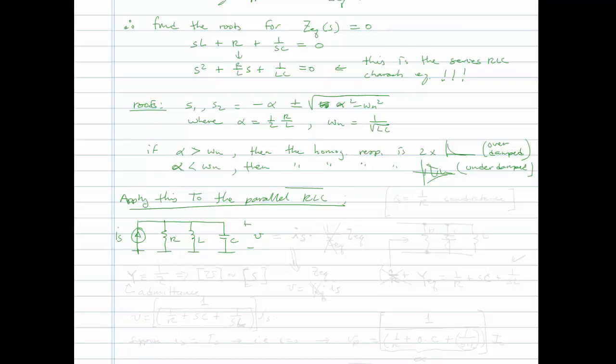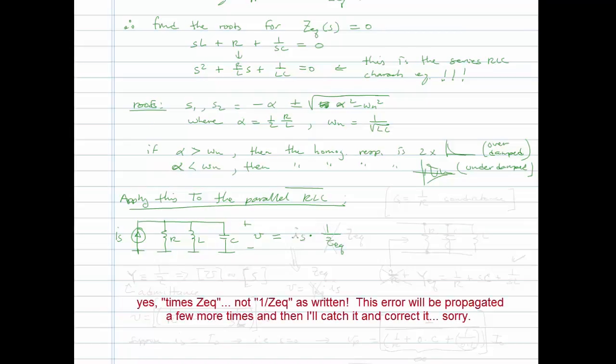So what would I do? I would write the voltage V equal to IS times some equivalent impedance. The equivalent impedance is going to be the parallel combination of these three, R, C, and L.